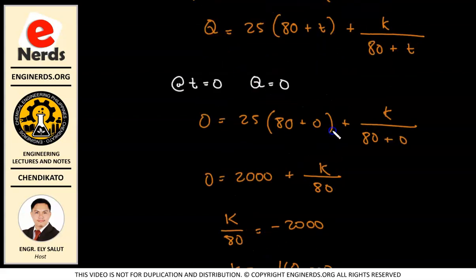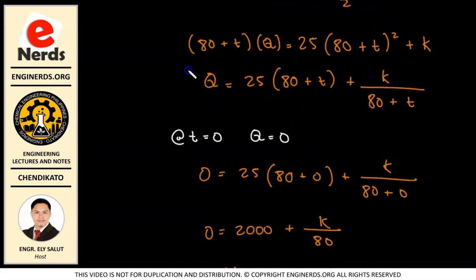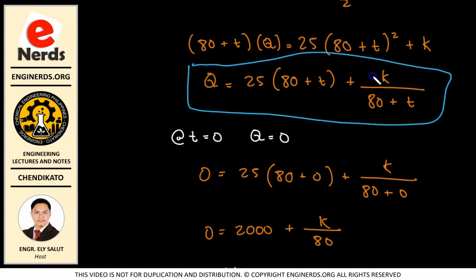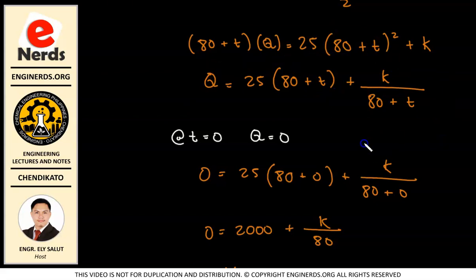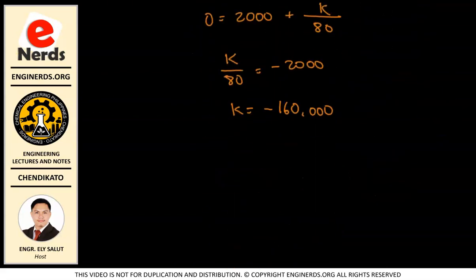So, let us substitute that into the equation we obtained, because here our K is unknown. We will just replace K with the value we got, which is negative 160,000. So, let me write that here.